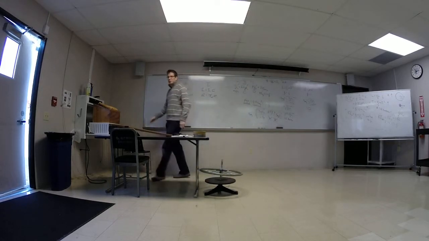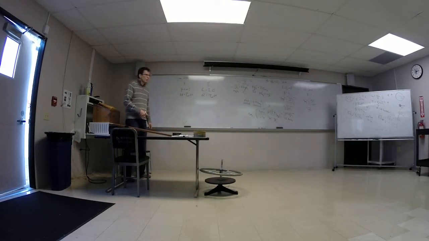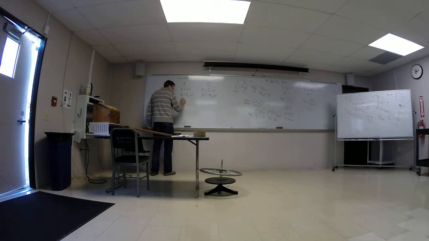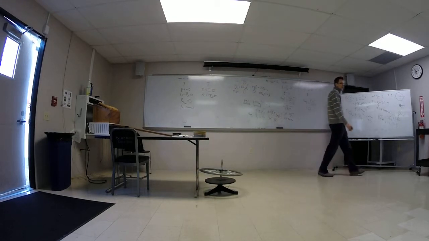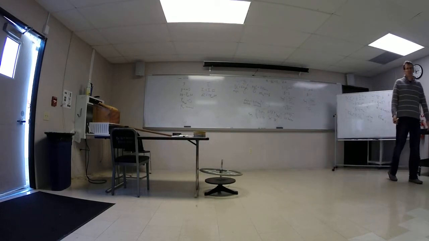So, of course, this was not our primary usage for momentum. Our primary usage was when the net external force was 0. And then we could say that the momentum of the system was conserved. So we tried to find a group of objects that was relatively isolated from the outside world.